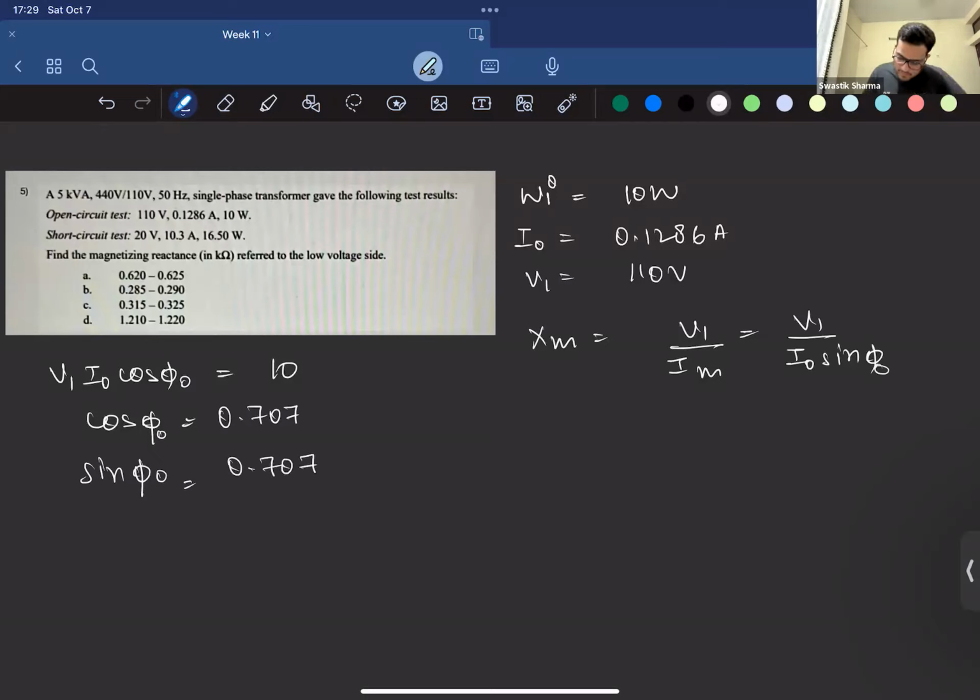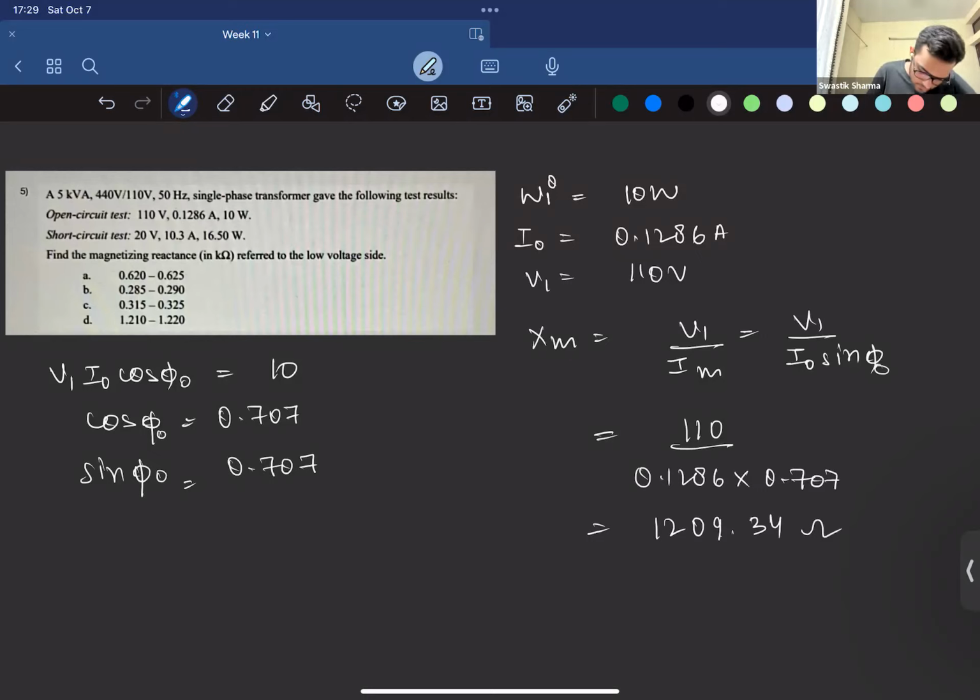Sorry. So we can easily find this out. This is 110 upon 0.1286 into 0.707, which is 1209.34 ohms. Okay, in kilo ohms, it's 1.21209 kilo ohms, right? It's near to this value, so D.